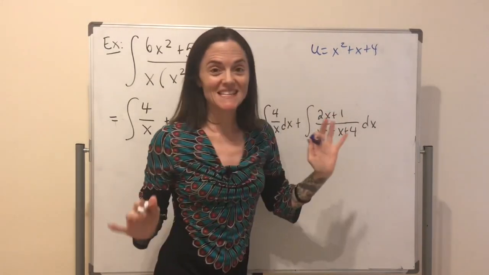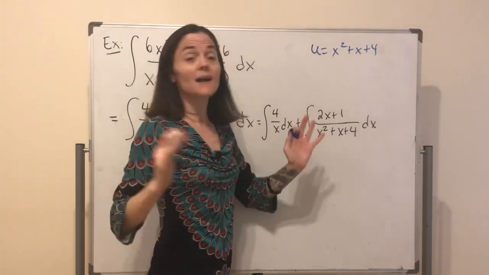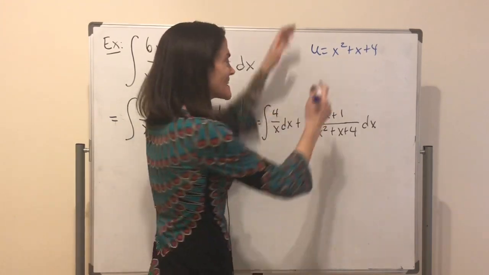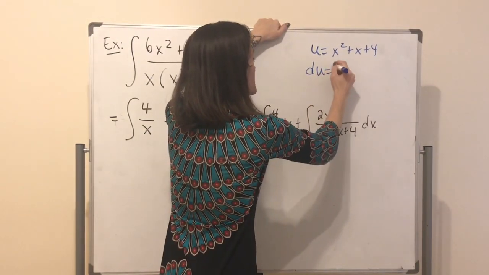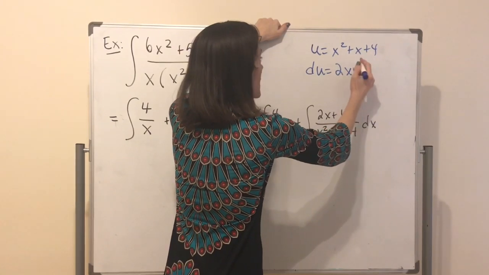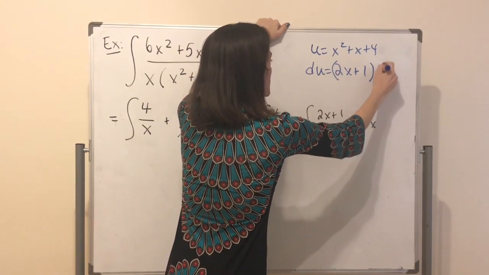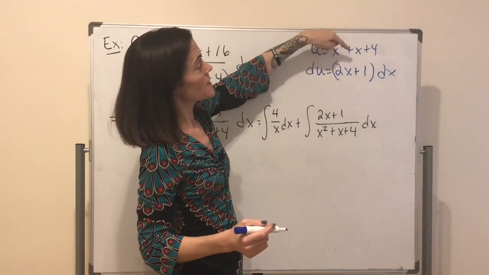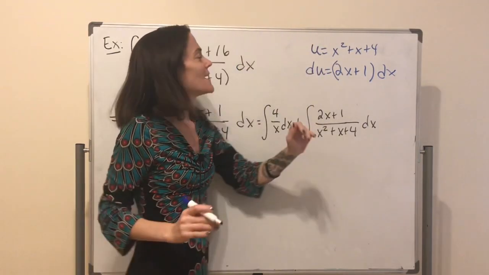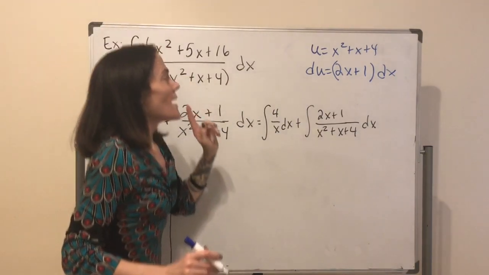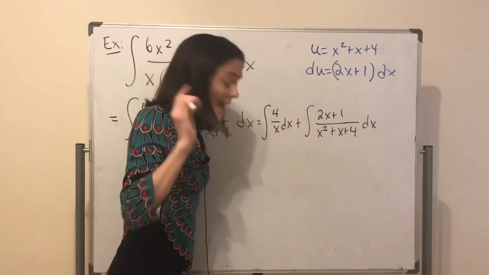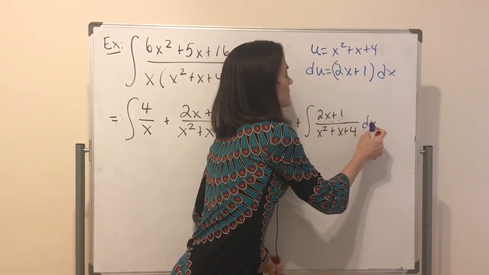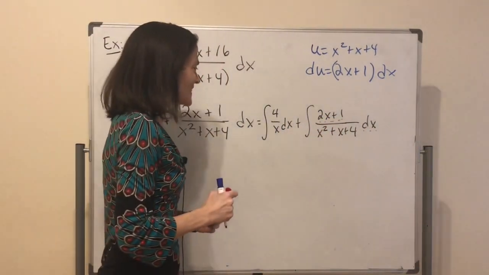My inside function is in my denominator, and I am not going to break this into a sum of more terms because here du is 2x plus 1 dx, right? I take the derivative of u. It's 2x plus 1, plus 0. Well, look, handed to me in my integral is exactly du.